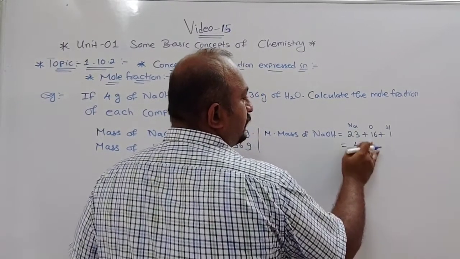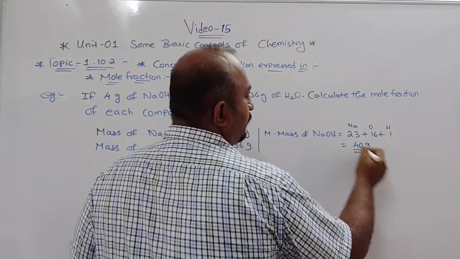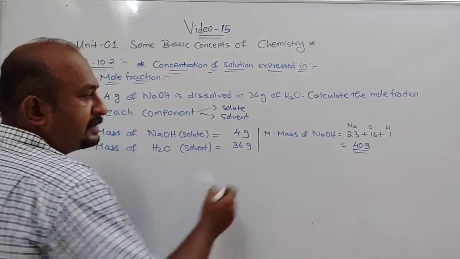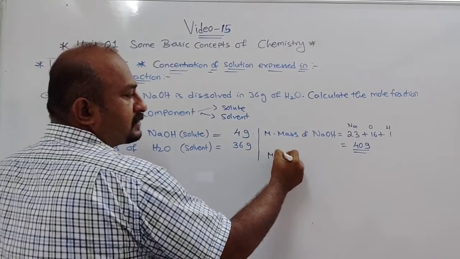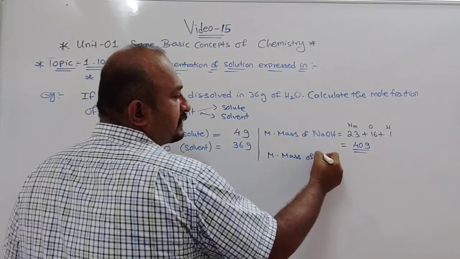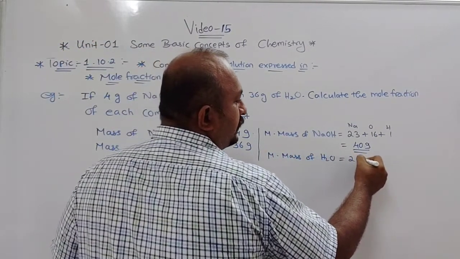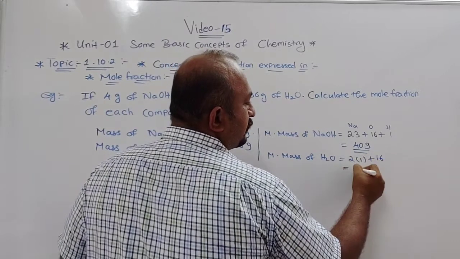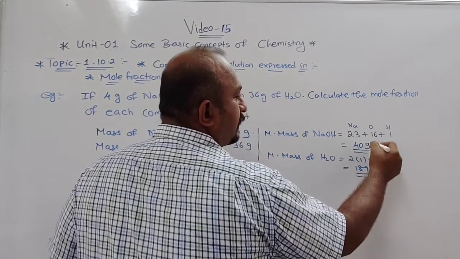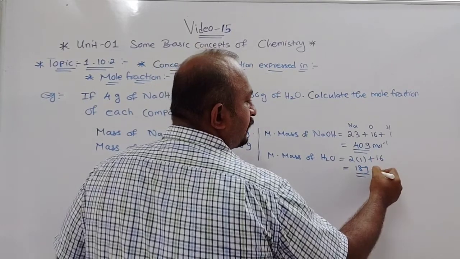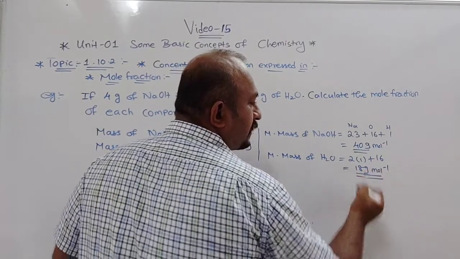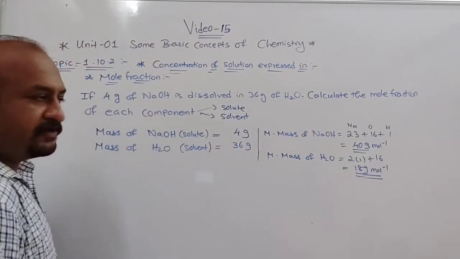But that 40 u we will take as 40 grams, gram molar mass. Same way, molar mass of H2O is 2 into 1 plus 16, which is equal to 18 grams, or gram mole inverse. So we found the molar mass.